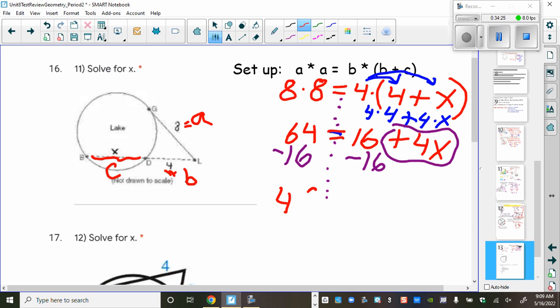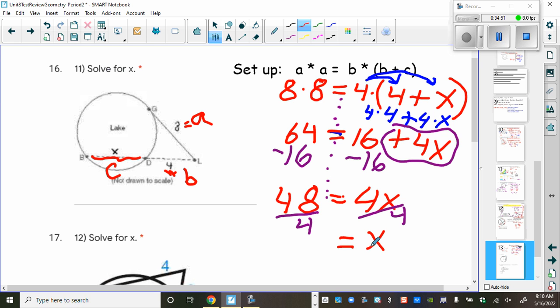So then 64 minus 16 is 48. 48 equals 4x. And then we divide both sides by 4. So then what's left?